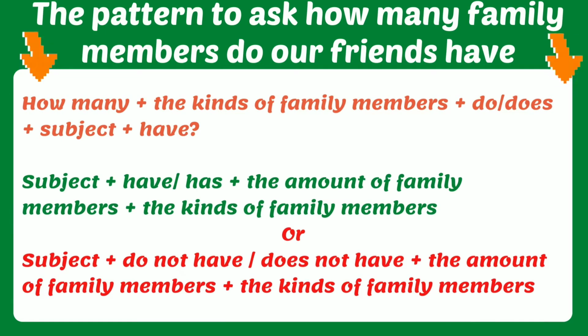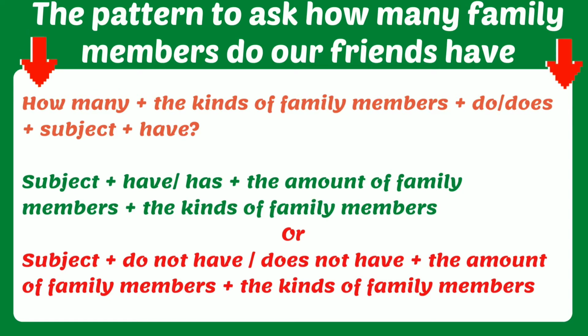Okay, the pattern that we can use when we want to ask how many family members do our friends have, we can use how many plus the kinds of family members plus do or does plus the subject plus have.